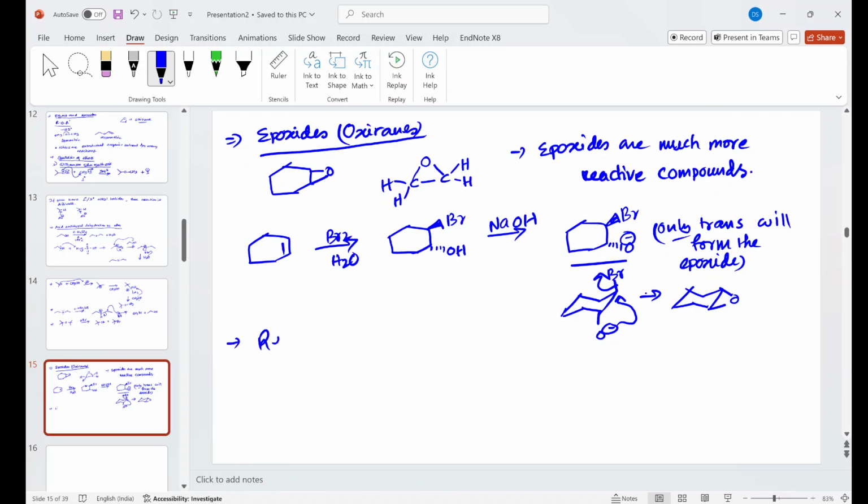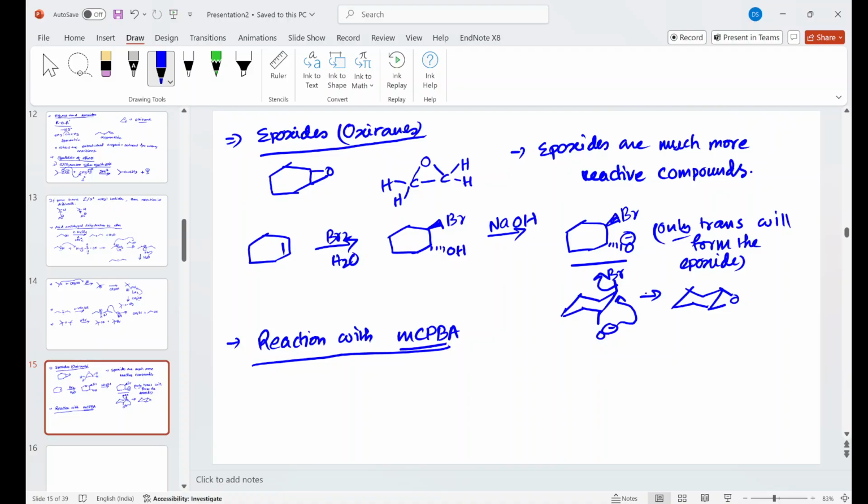Next reaction is reaction with mCPBA. Okay, mCPBA is a special reagent that reacts with alkene and forms the epoxide. This is called metachloroperbenzoic acid.